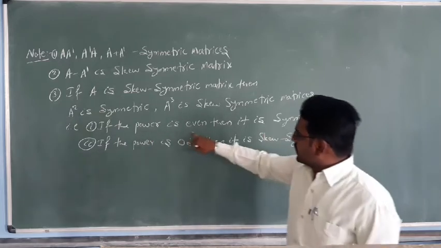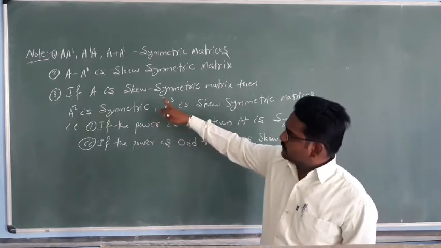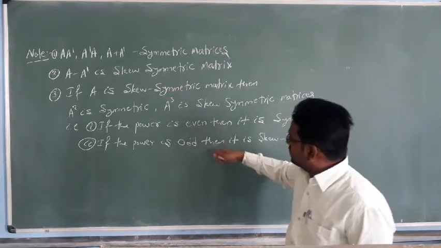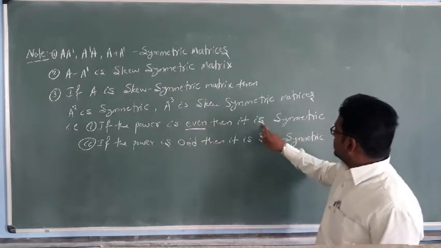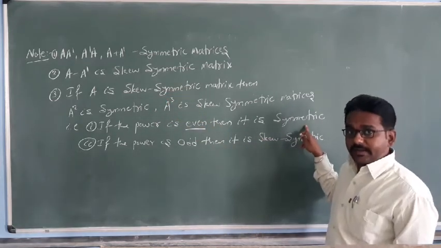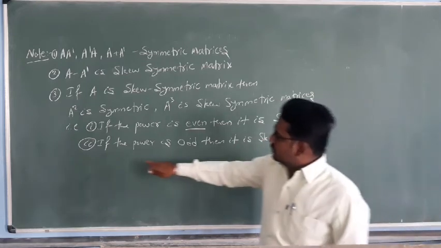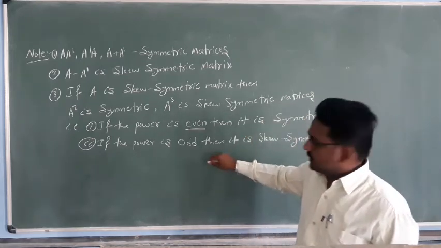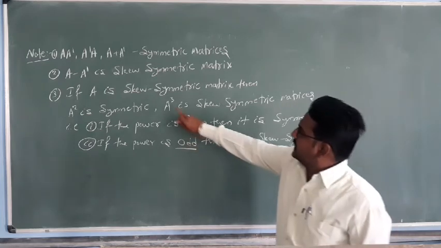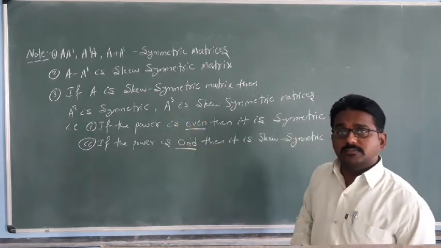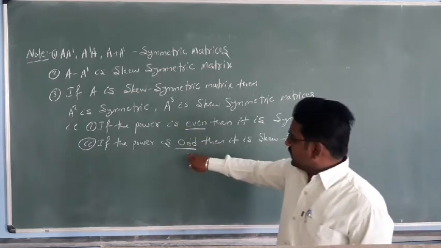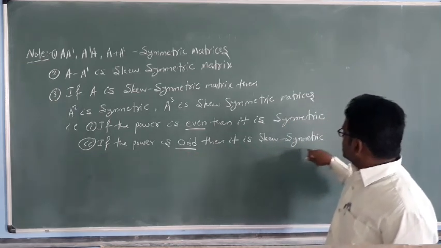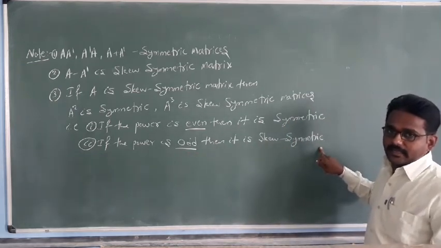So, if the power of the skew symmetric matrix is even, then it is compulsorily symmetric. Then, if the power is odd, that is A cube, A to the power 5, A to the power 7, like that, then it is a skew symmetric matrix.